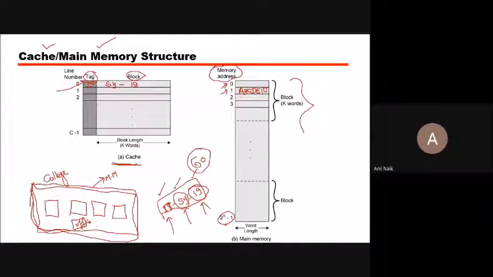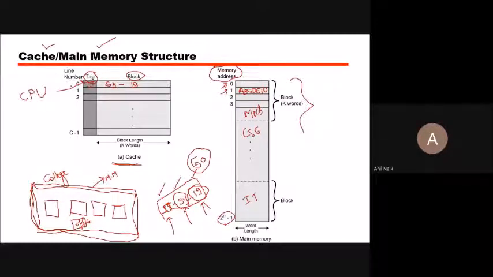This main memory contains, suppose, the mechanical department, the CSE department, and the IT department. The CPU is requesting some data at this particular address.